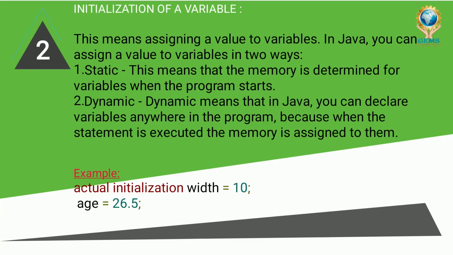So you determine the memory location for your variable storage. You already know where it is located. That is called static. In static, you already know where the variable is stored.